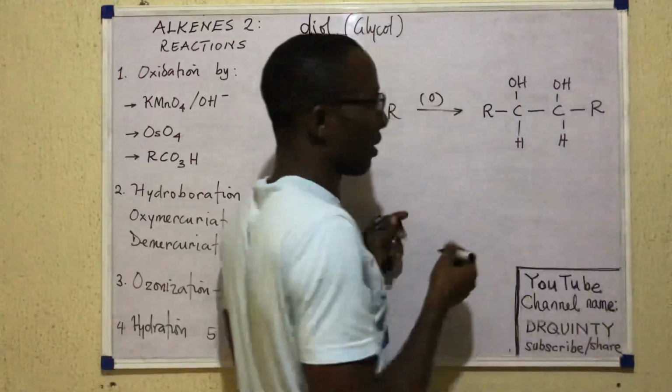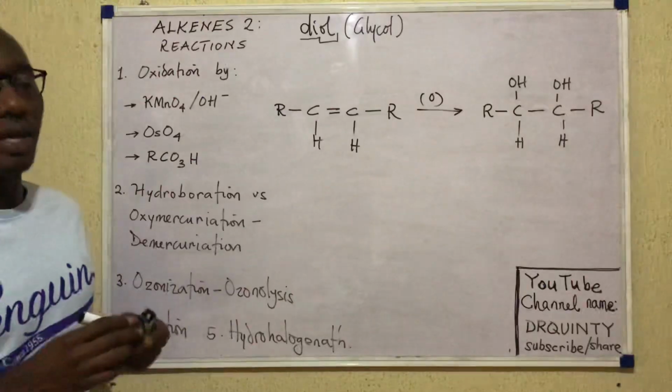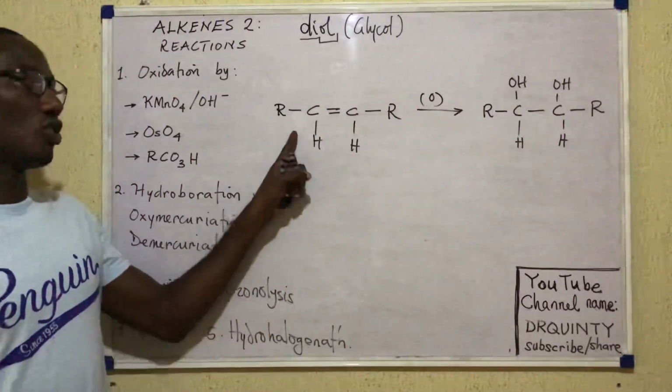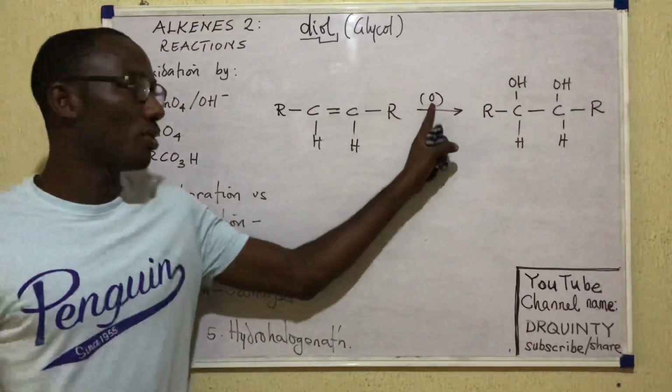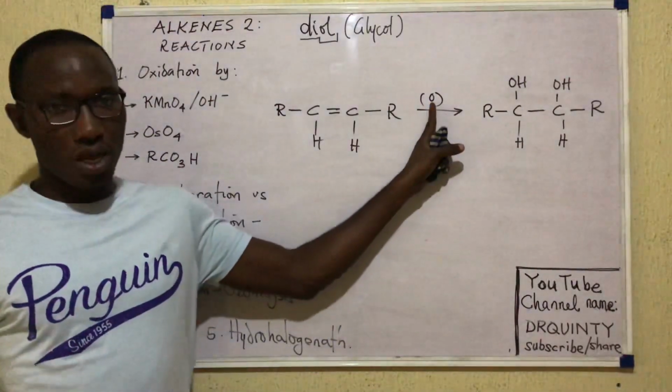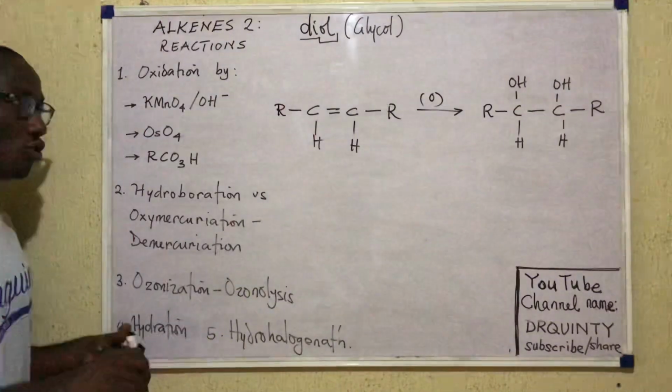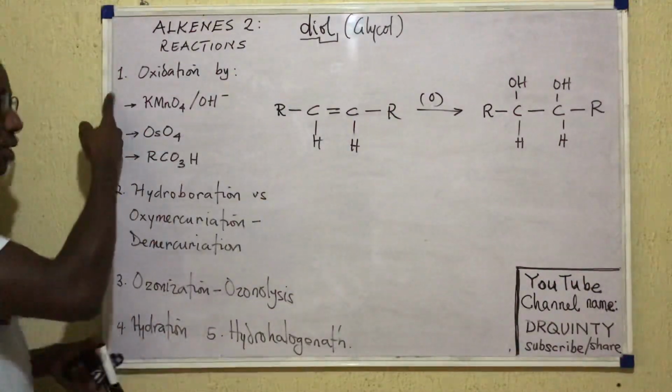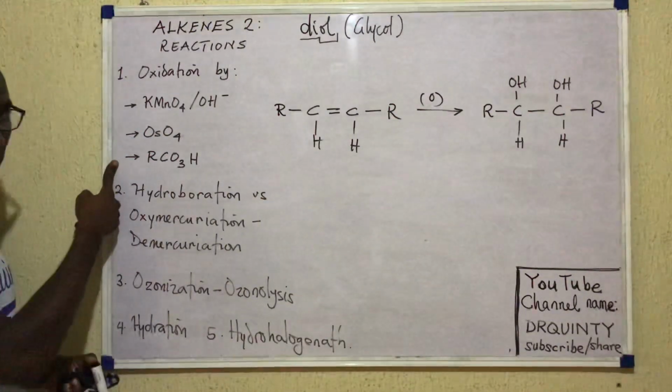A compound like this is called a diol or a glycol. So this is the general representation, and on the arrow here I put O. That O stands for oxidation. But the oxidizing agents we could use to achieve this change would be any of these three.